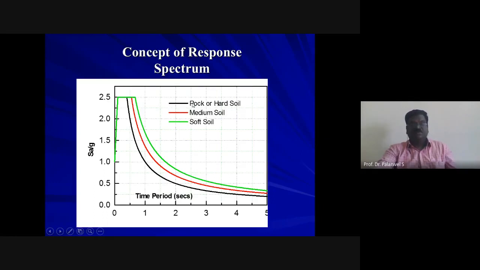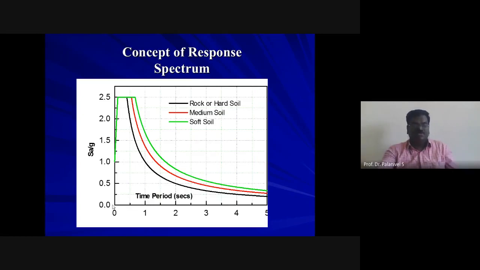Okay, the colors show rock or hard soil, medium soil and soft soil, on which the single degree oscillator is fixed. So when you design buildings, you have to take into account the soil in which it is resting, either rock, medium soil or soft soil, and accordingly refer to the curve. Also, there are empirical formulas available to compute the natural period of any building frame.